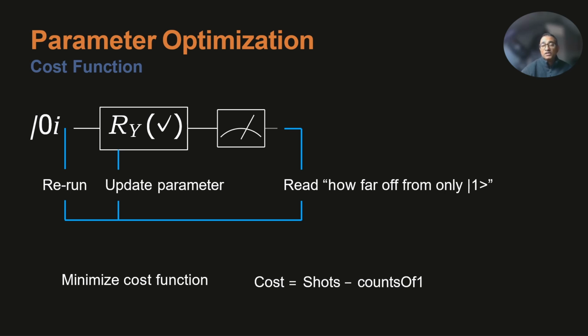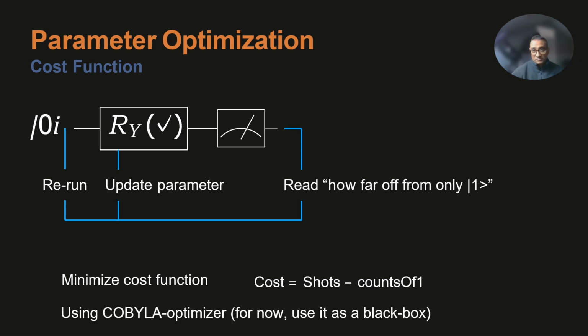You go through this iteratively to calculate the cost: how many shots have been fired, meaning how many iterations of this circuit have been run, minus the count of ones that we actually got, because that gives us how many times it is far off from one, and the cost of that iteration. We can then optimize to bring it as close to one as possible, minimizing the cost function and calculating the overall cost.